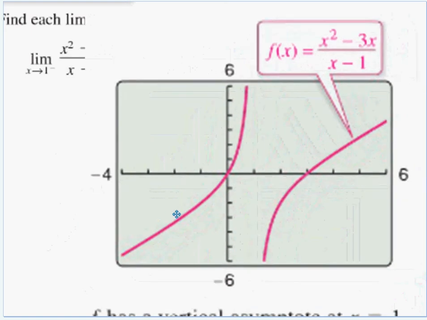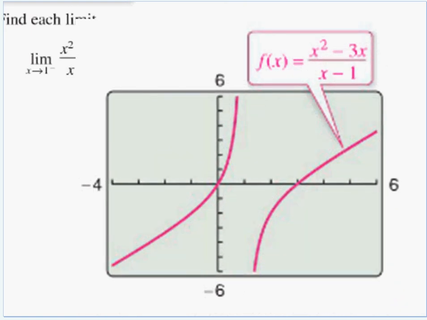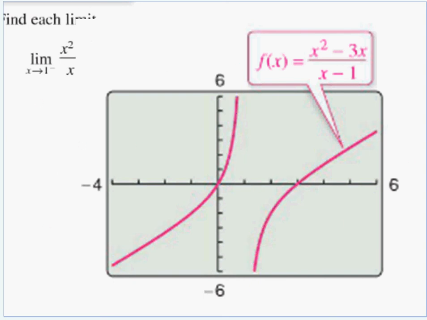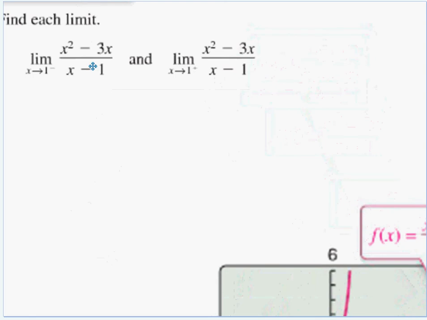Here's the graph. If you type that into a TI-89, it's kind of hard to see here. The vertical asymptote would be right here. As we came in from the left, or 0.9, heading up to positive infinity, as we came in from the other side, heading down, down, down to negative infinity. I think that was all for that one.